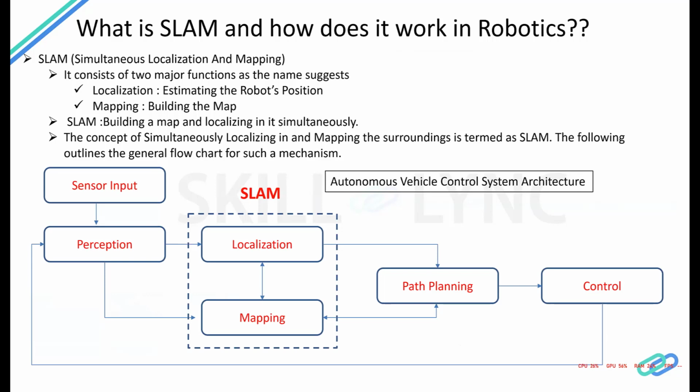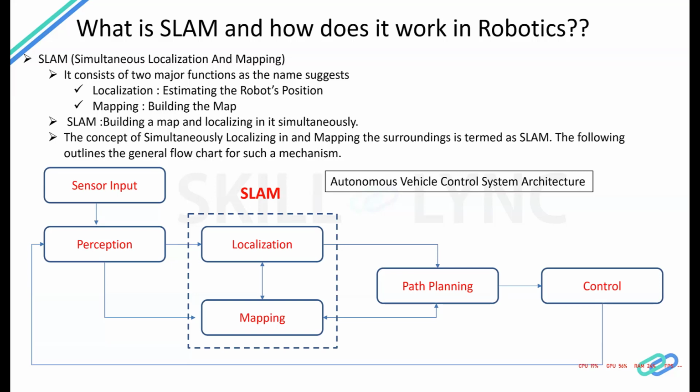You're performing a function, which is what a SLAM algorithm does, to localize and map the system and the environment, and then plan a path for the system to go from a source to a destination, and then you generate control commands that will basically help the robot navigate in the environment. Okay, so that's a very generic, high-level introduction to what SLAM is.